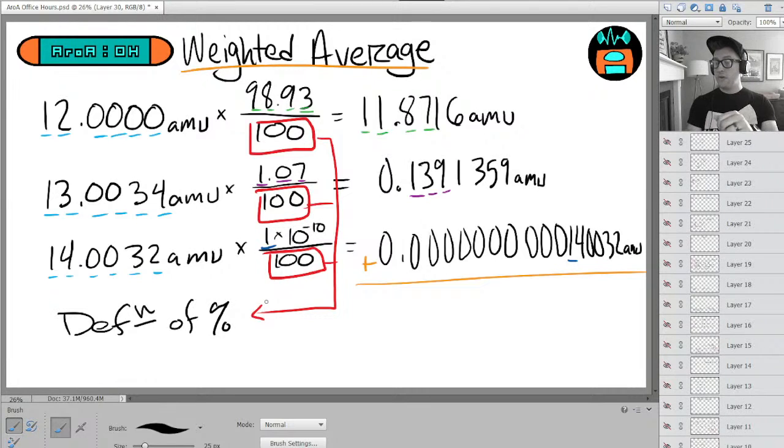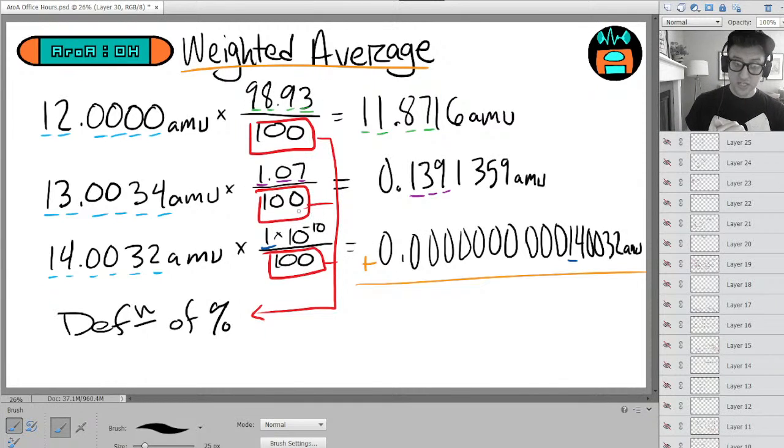We didn't get a ruler out and measure how many parts are in 100. We define percentage as being out of 100. So these hundreds in the denominator are not measured, and so they do not affect our significant digits. The percentages in the numerator, however, are measured.